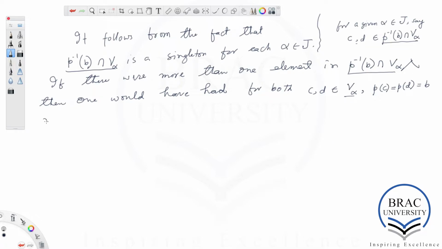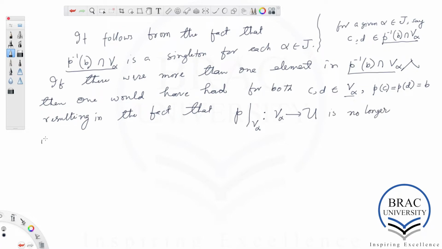Resulting in the fact that P restricted to V alpha from V alpha to U is no longer injective, which means that two elements like c and d in V alpha have the same image b in U, meaning that P is not injective.